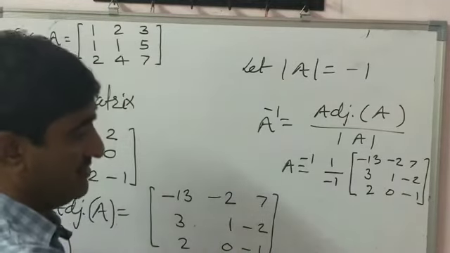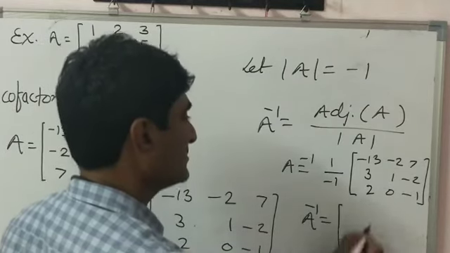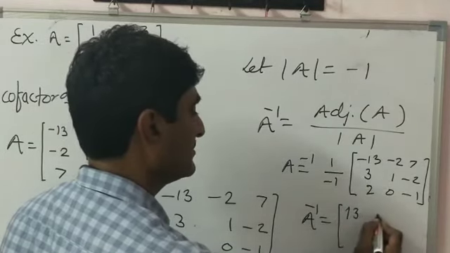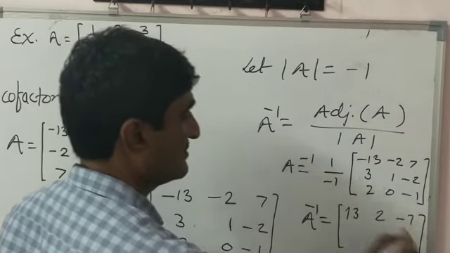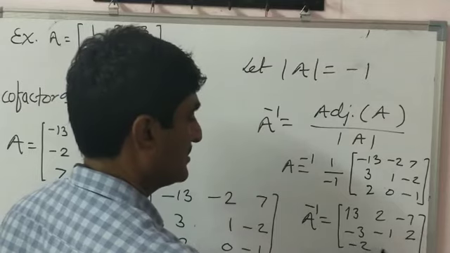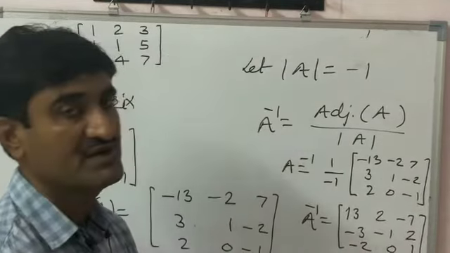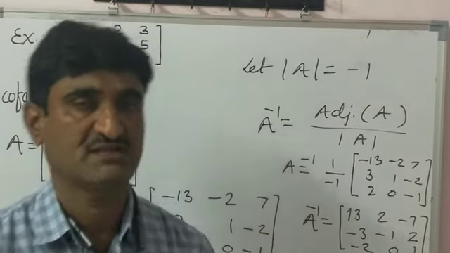Multiply all elements by this minus 1. Then A inverse is equal to 3, 2, minus 7, minus 3, minus 1, 2, minus 2, 0, 1. And this is the inverse of the matrix by the adjoint method.